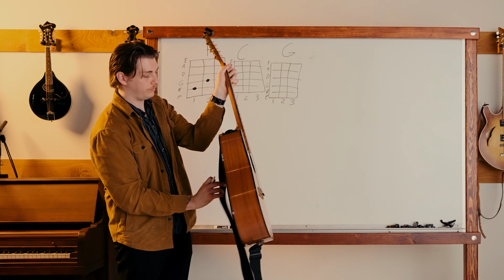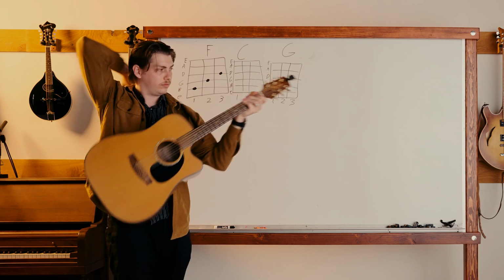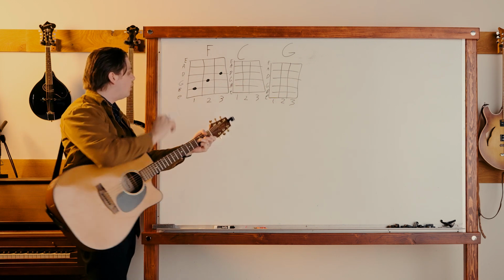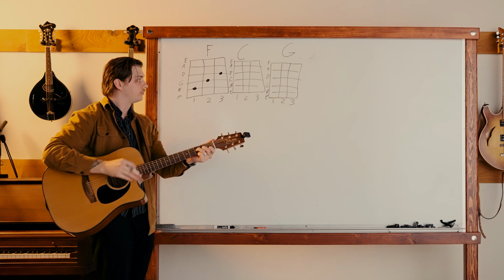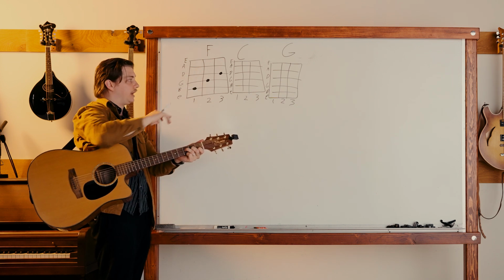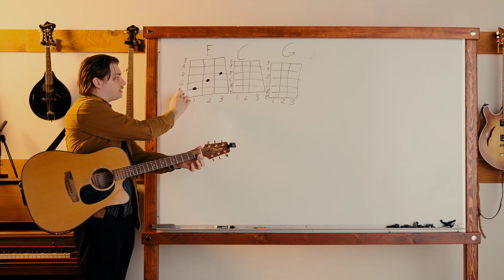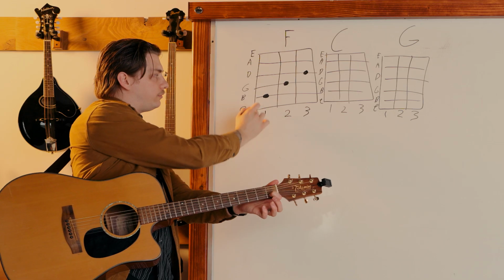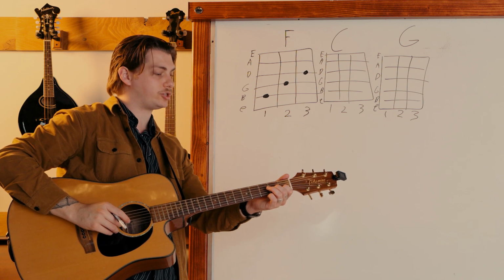When I play my guitar, let me put this on real quick. Fantastic. So now, when I play my guitar, look at my fingers and look at this. Okay? Now what I'm doing is I'm seeing this B string, first fret, that's right here, which we already know these chord shapes, right?